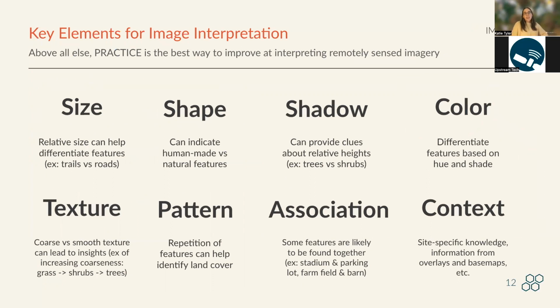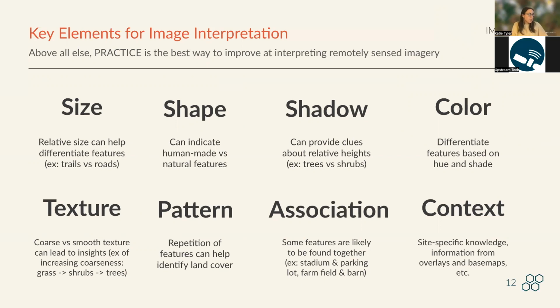So, above all else here, note that becoming better at interpreting remotely sensed imagery takes practice. If it's your first time looking at satellite imagery, you might not be able to quite as confidently identify things as someone who's been doing this for a long time. So practice definitely helps you get better at picking things out and having more confidence in identifying land cover or phenomena on the ground.